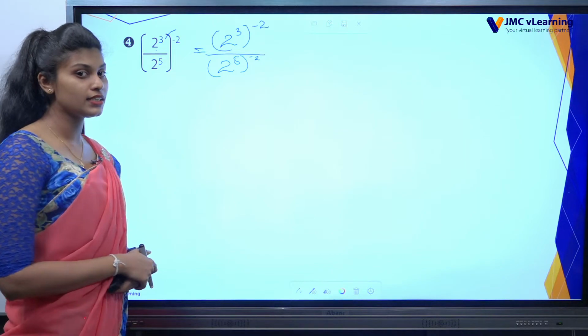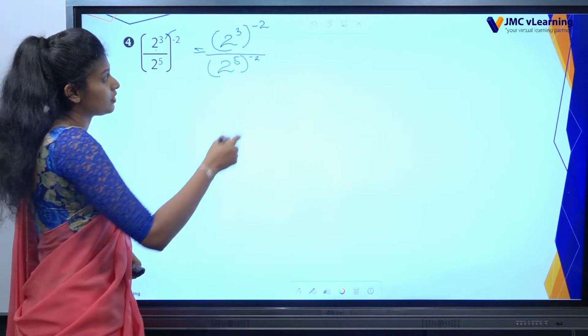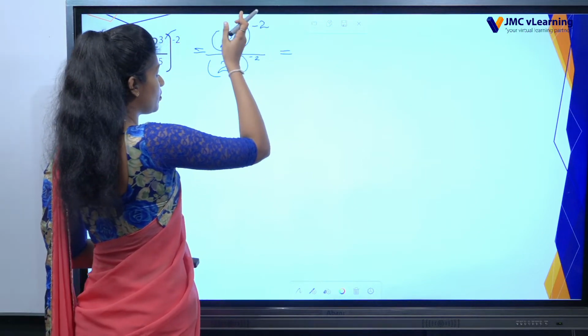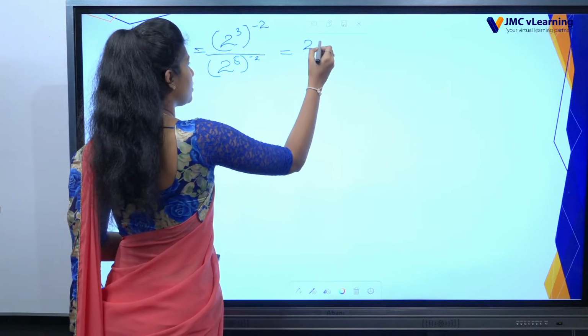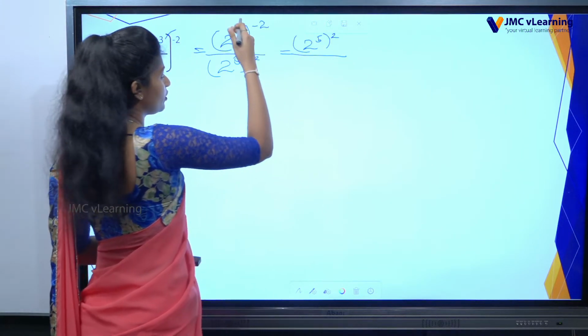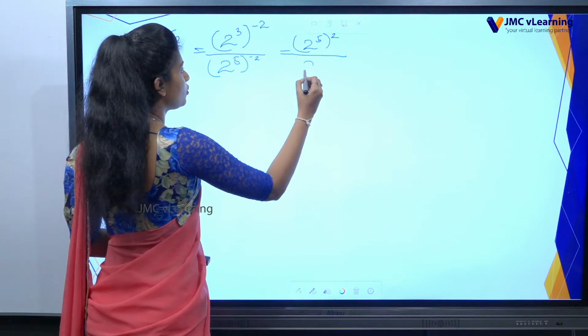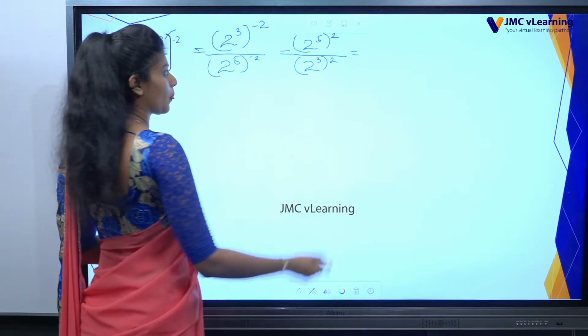You have to turn them into positive ones. So let us take this above part to below and below part to above. Then 2 to the power 5 to the power 2, and when you take this part to below, 2 to the power 3 to the power 2.